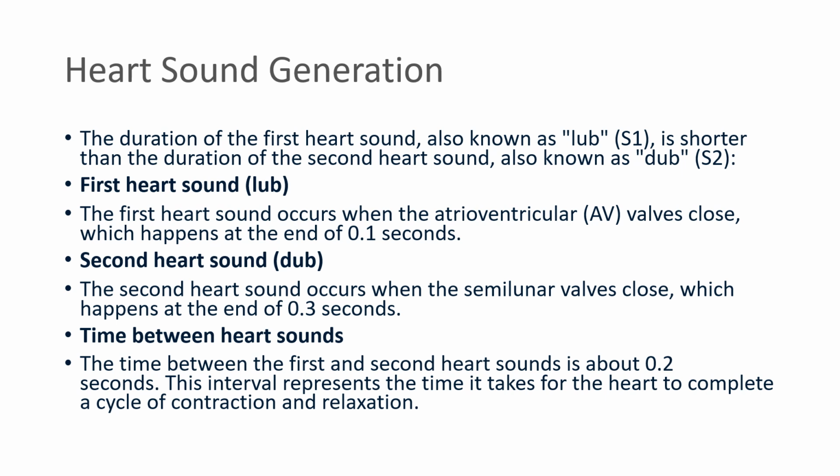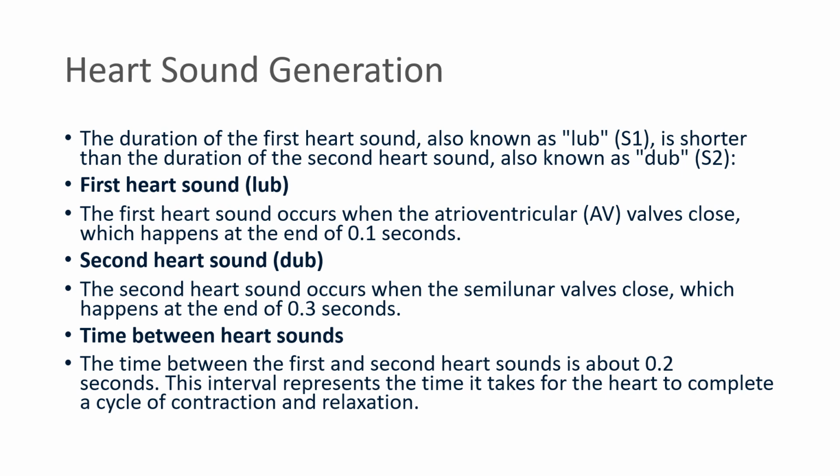The time between the first and second heart sound is about 0.2 seconds. The interval represents the time it takes for the heart to complete the cycle of contraction and relaxation. Why the time of 0.2 second? There is a contraction and a relaxation happening, so we want the 0.2 second interval for contraction and relaxation.